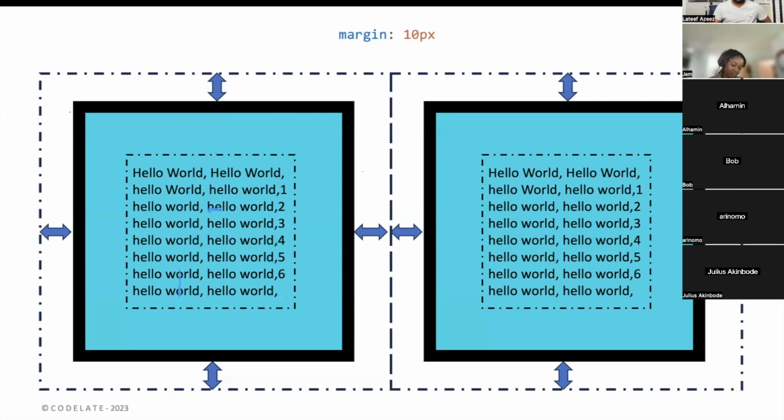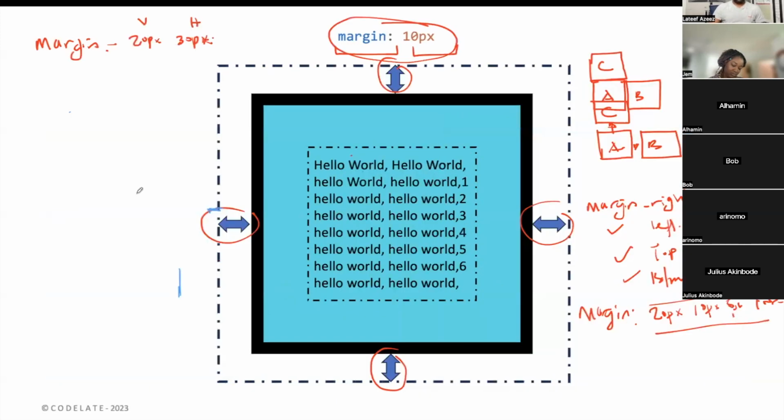So the question Julius is asking is this. Let's say what your website should have is a 50 by 50 pixel box.